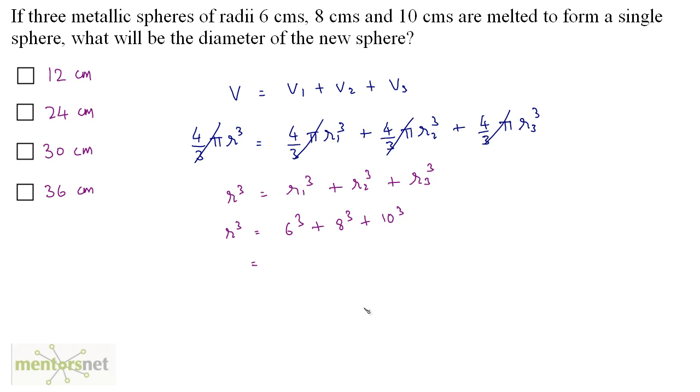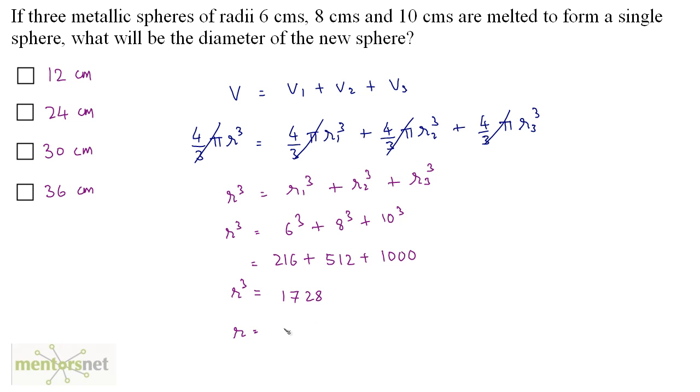Okay, so 6 cube is 216 plus I have 8 cube and that is 512 plus 10 cube is 1000. Right? So adding up all of these terms, we get 1728, and this is r cube.